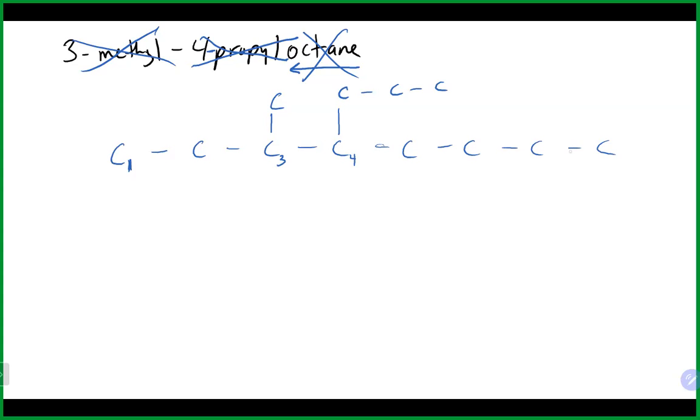The guy here at the end has 1 line coming in, which means in order to give this guy 4 bonds, it needs 3 hydrogens. The guy next to it has 2 lines, 1 on each side coming in, which means it has 2 bonds already. To get it to 4, it needs 2 more hydrogens. Guy next to it is identical, needs 2 more hydrogens. Same thing with the guy next to it, although it looks like a double bond.